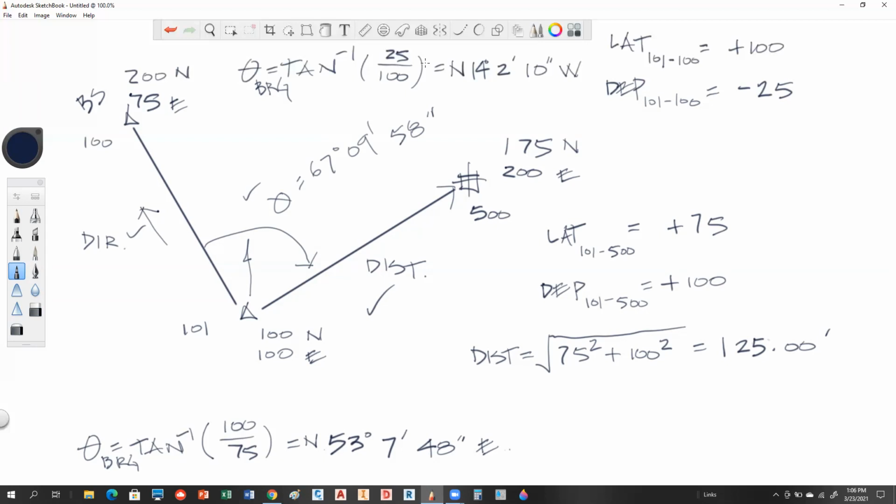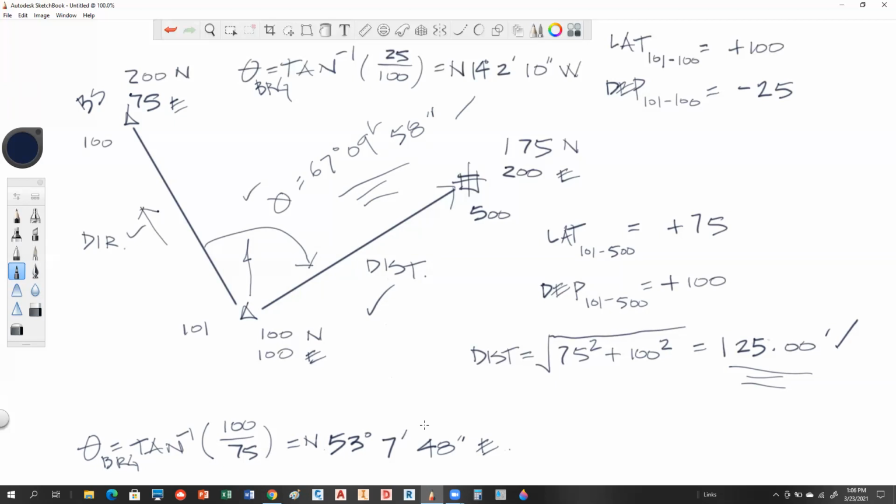So I would say instrument at 101, backsight 100, foresight 500, and I would go this distance, and I would go this angle. Okay. So that's not a hard problem, but you'll probably see something like that on the test. Watch the pitfalls: a lot of people will inverse this angle and tell me that's the angle they turn, okay?